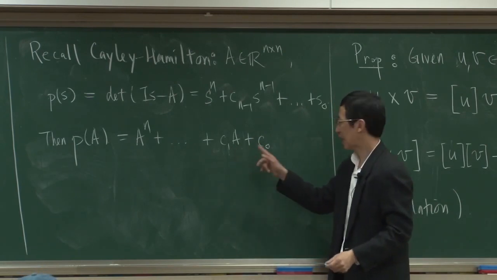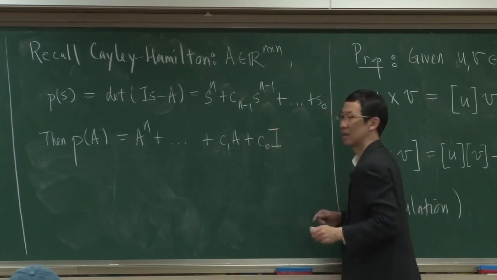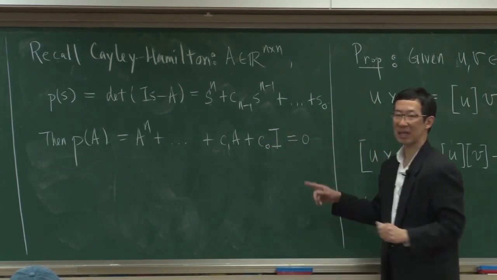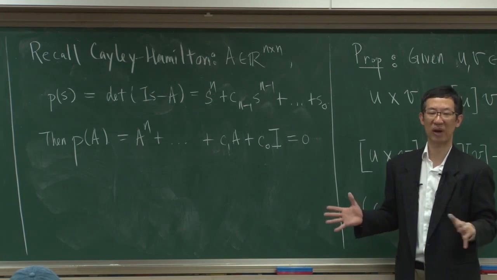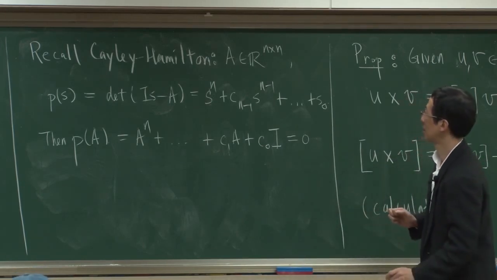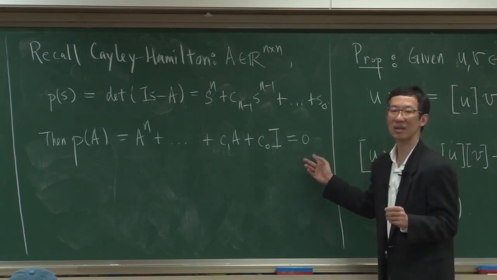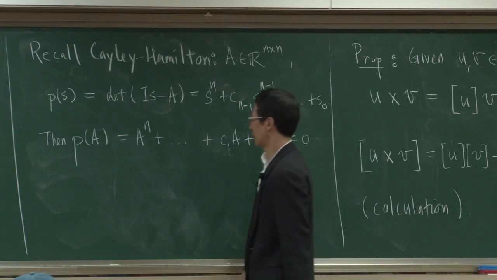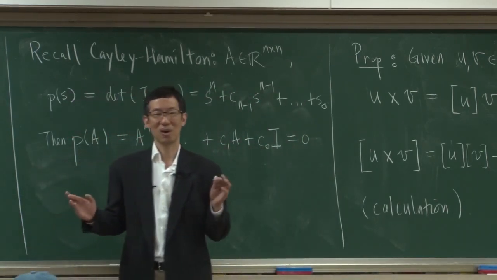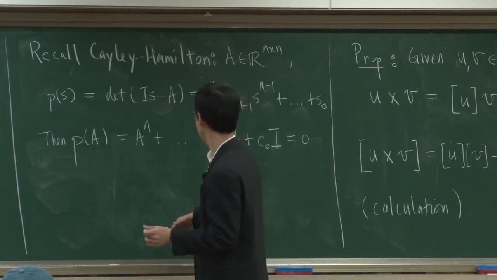And we can't add a scalar to a matrix, so there's an I here. Cayley-Hamilton theorem says that this is 0, always, for any A, guaranteed. All right, so let's use this. Let's use it and kind of hope something comes out.